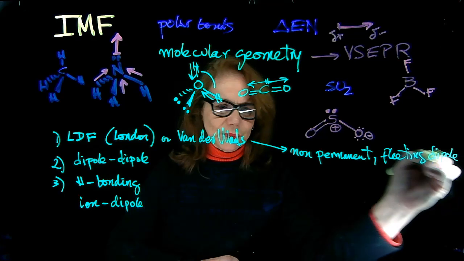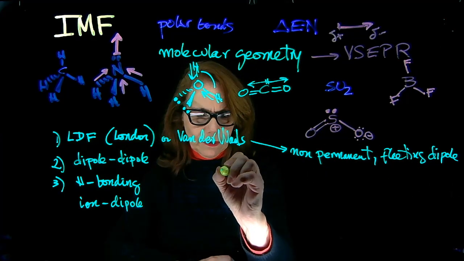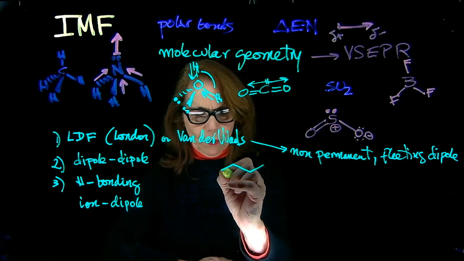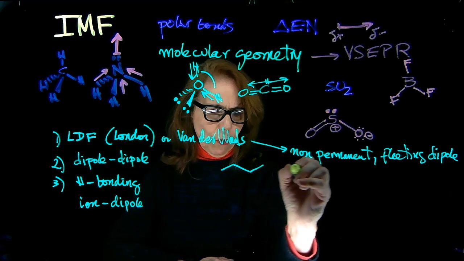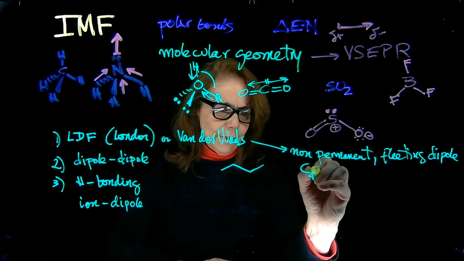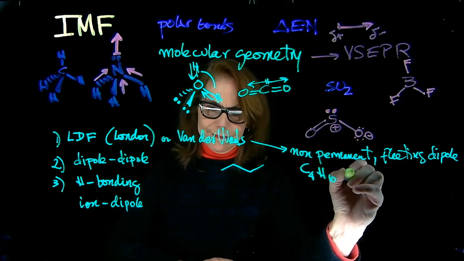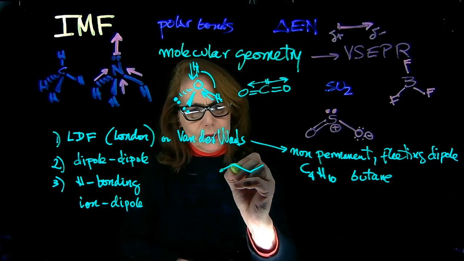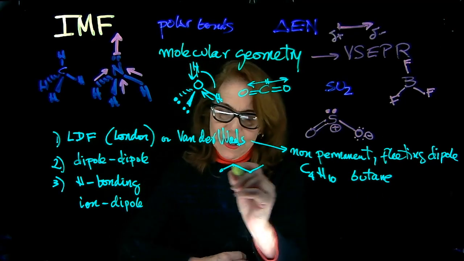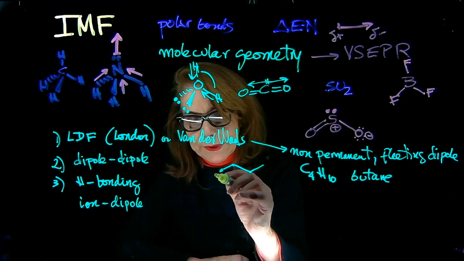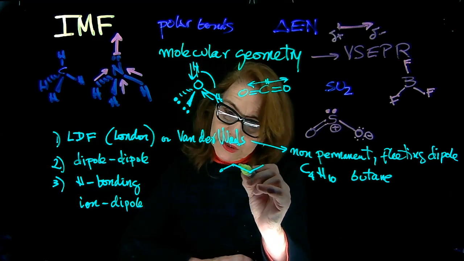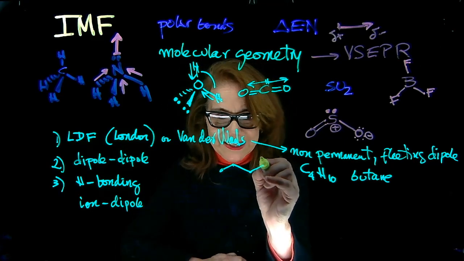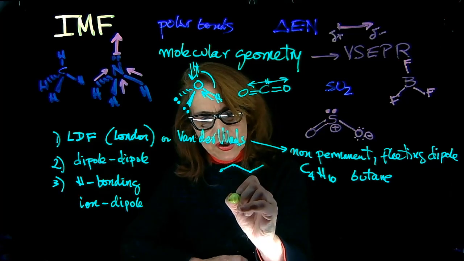Very small. So say that this molecule is butane. 1, 2, 3, 4. So this is C4H10, butane, with 4 carbons. So now the nature of the bond carbon-carbon is not polar. Also the nature here carbon-carbon nonpolar. And here you have 3 H's.